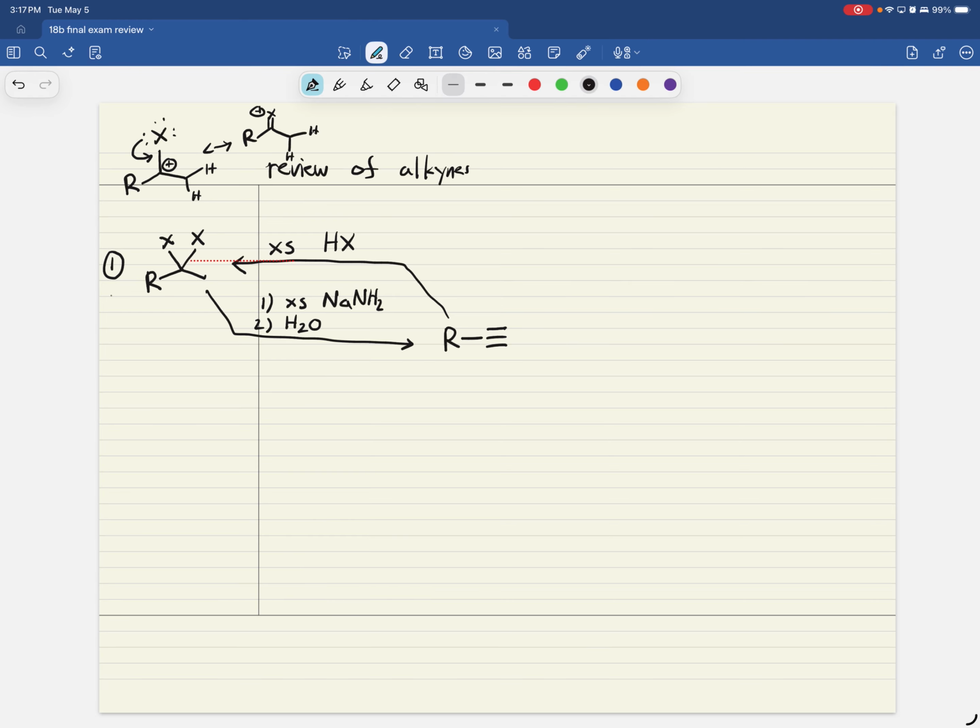Let's use a little key: number one, this direction, is called elimination. And going to the dihalo compound, this direction, is called hydrohalogenation.